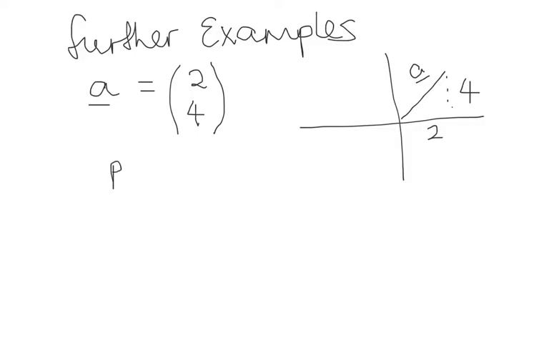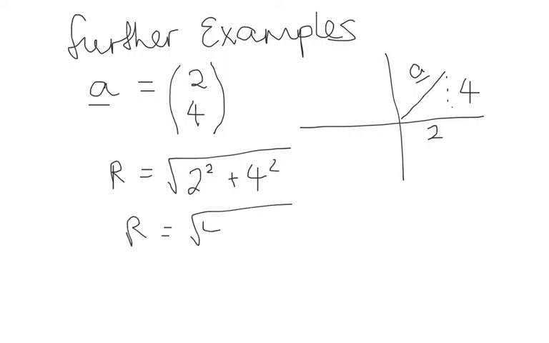We work out r using square root x squared plus y squared. So it's square root 2 squared plus 4 squared. R equals square root of 4 plus 16, or the square root of 20. We can write this as 4.47 if we like.